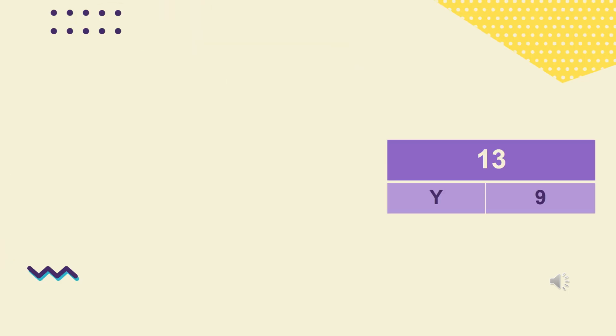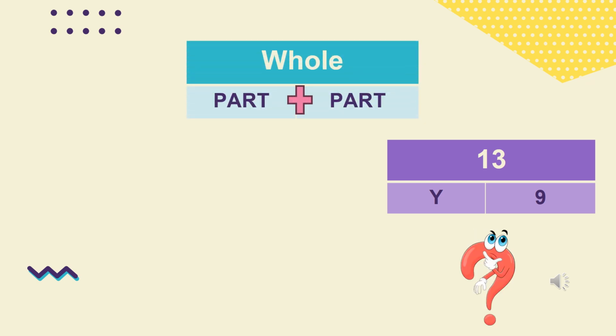Next example, here we have a bar model. In the whole we have 13, and y in the first part, 9 in the second part. So we need to get the value of this y, of this variable. How can we get the value of y? Let's remember our rule, whole equals part plus part.